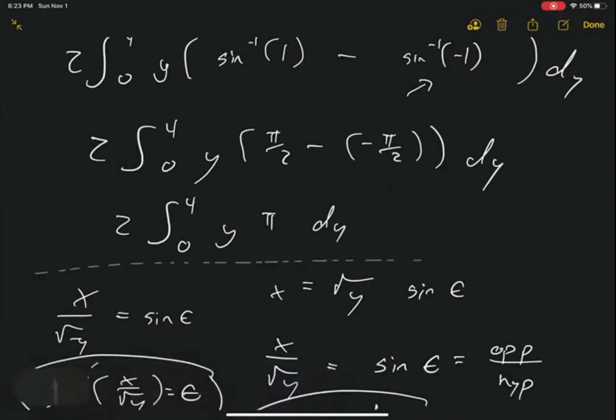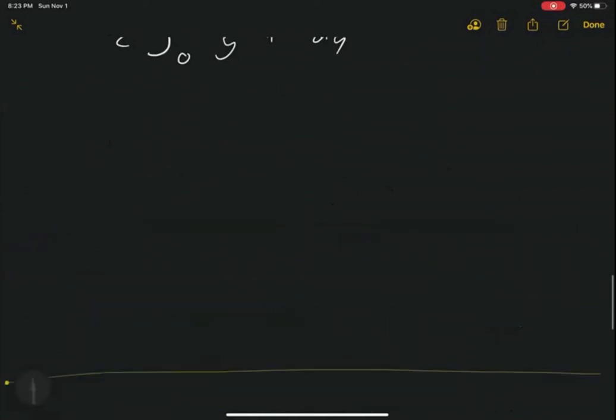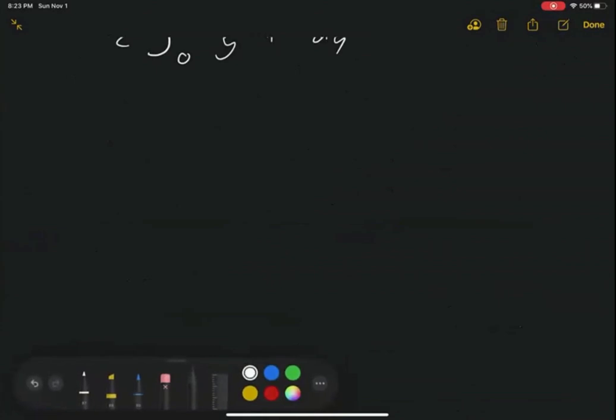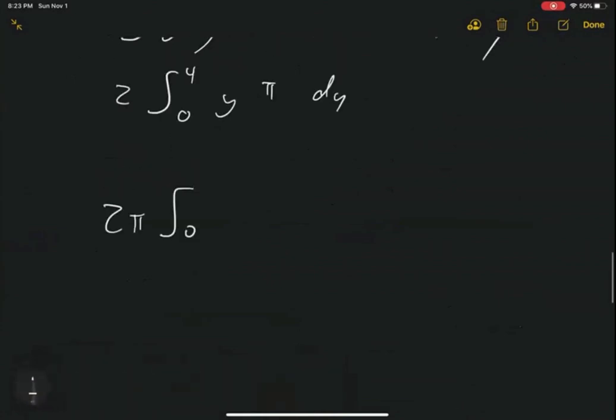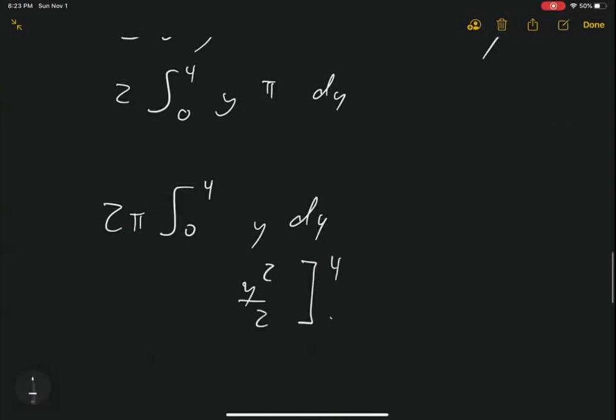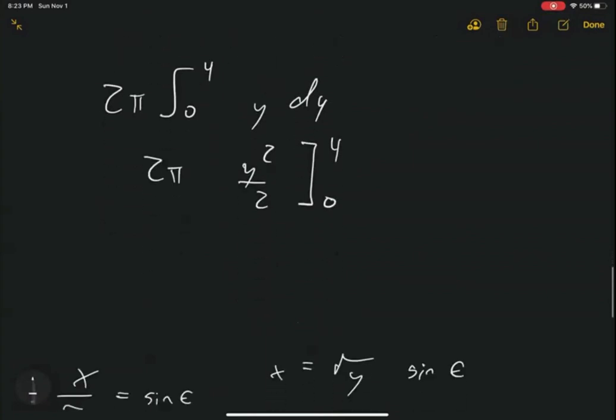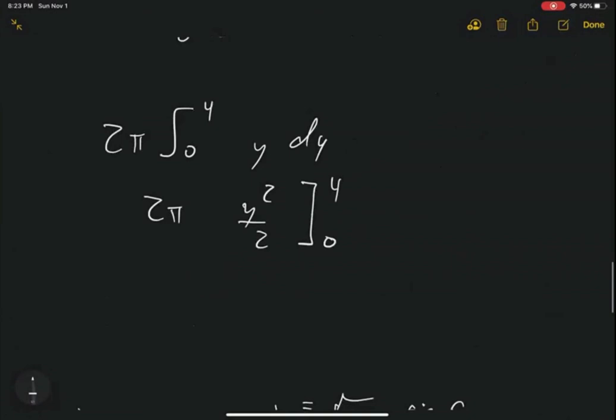Pi is a constant, you can pull it out front: 2 pi times the integral from 0 to 4 of y dy. Integrating, y squared over 2 from 0 to 4 times 2 pi. That's 2 pi times 8, which is 16 pi.